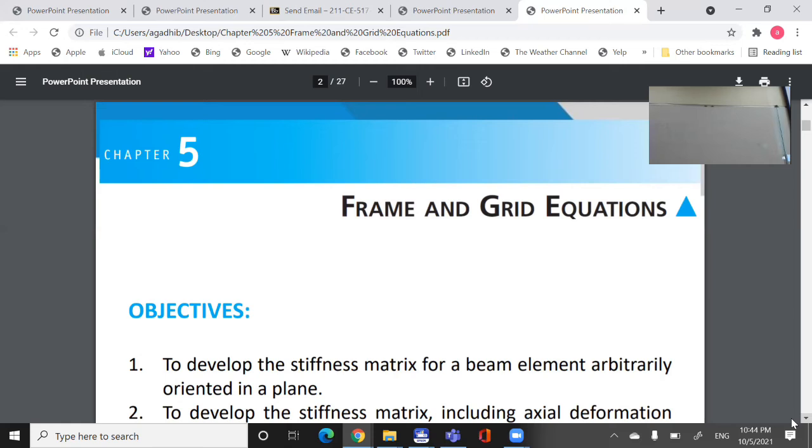It's going to be 6 by 6. Why? Local 4 by 4, because each node now has space. It might go down, to the right or to the left. So for displacement, you have U and V and rotation. It means that each node has 3 degrees of freedom. 6 by 6.